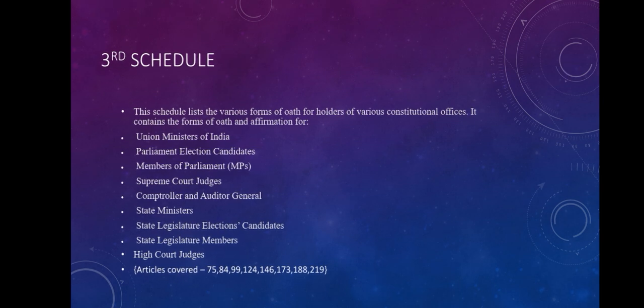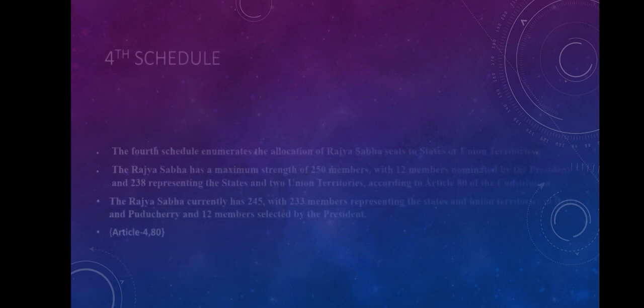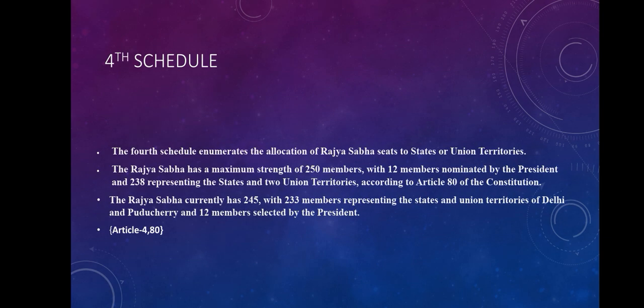With the fourth schedule, it enumerates the allocation of Rajya Sabha seats to states and union territories. The Rajya Sabha has a maximum strength of 250 members, with 12 members nominated by the president and 238 representing the states and union territories, according to Article 80 of the constitution.